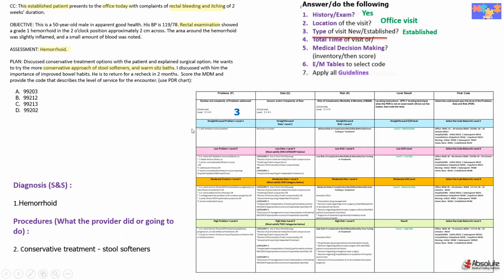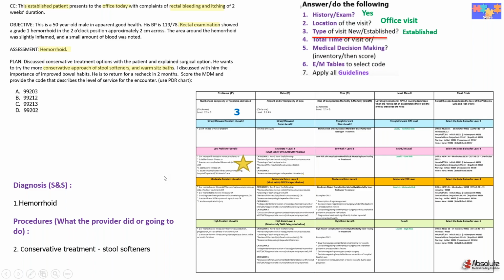So what we are going to do is use our inventory and PDR table, and score the MDM. The diagnosis is a hemorrhoid, and for the procedure, what the provider did or is going to do, the doctor decided on a conservative treatment with the use of stool softeners, etc. So where does it fall under the problem column?